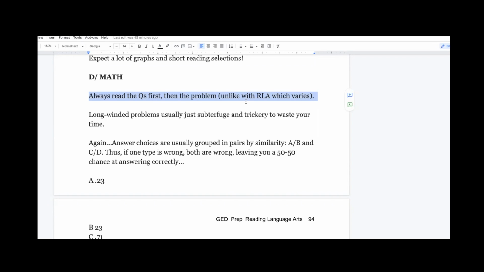Don't do that with math, because I noticed that they will have these long-winded problems that will take literally a minute to read and understand before you even get to the problem. And the information may have very little or nothing to do with the question. So remember that. In math, you always read the question first and work backwards, okay?